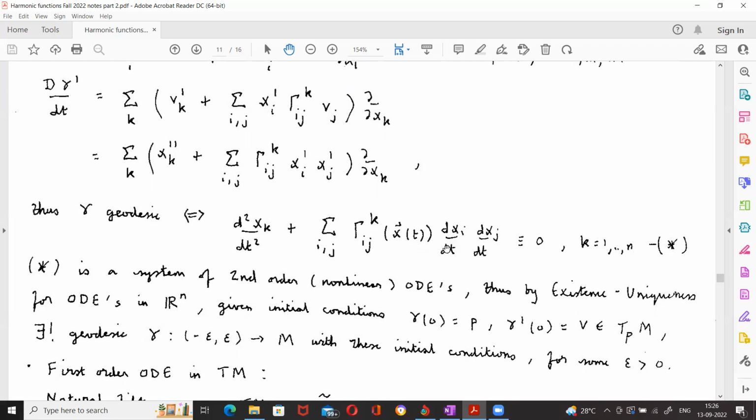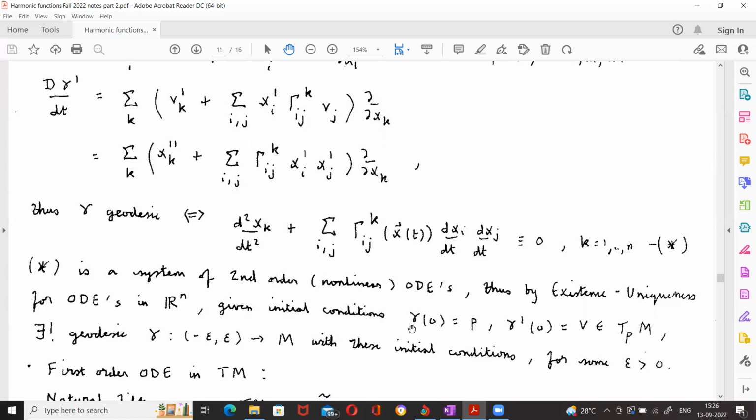All right. Okay. And nevertheless, the coefficients are smooth. And so by the existence and uniqueness theorem for ODEs in Rn, since it's a second order system, we know that we'll need two initial conditions, right? The value of the curve together with its tangent vector, right?